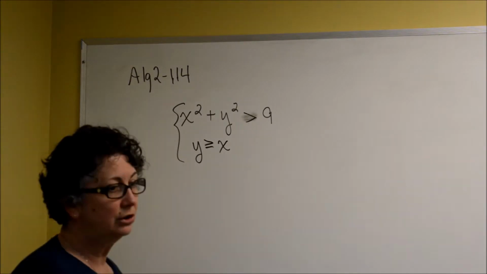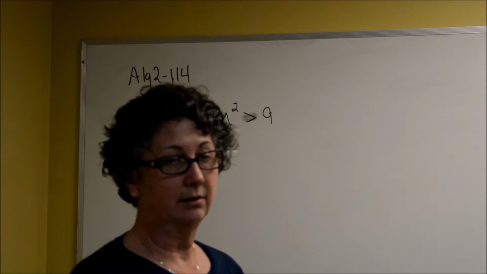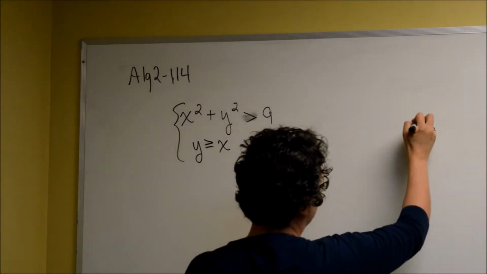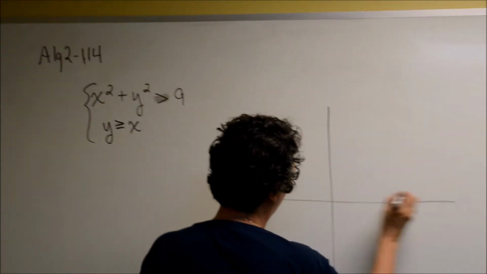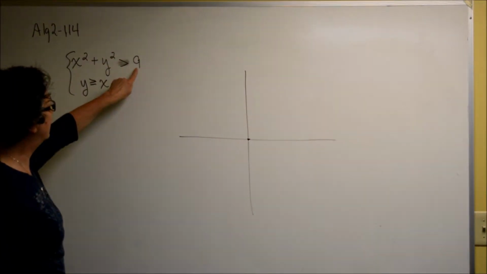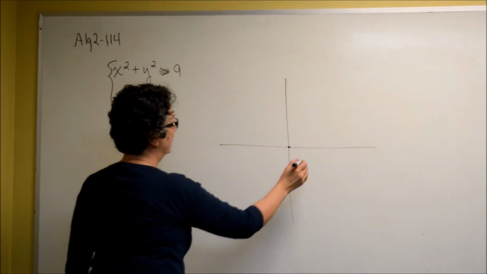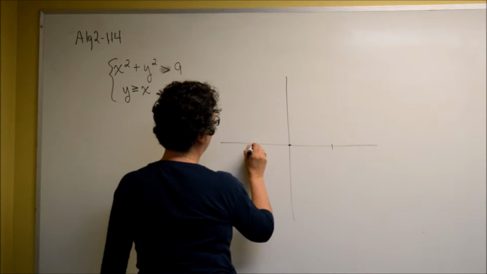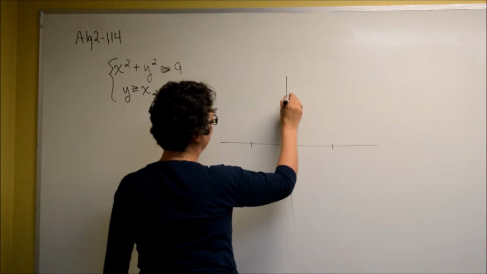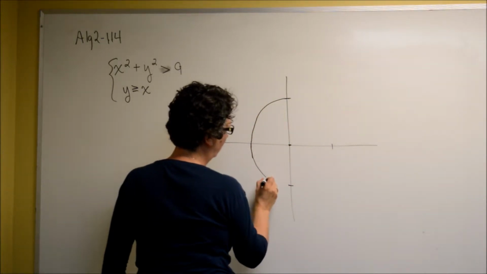So we're still going to start with the same circle and line. So the circle, remember, has a center at 0, 0. That's the center of the circle. And it's got a radius that's the square root of 9, which is 3. So I come out here 3, and come out here 3, and down 3, and up 3. And that's my circle.